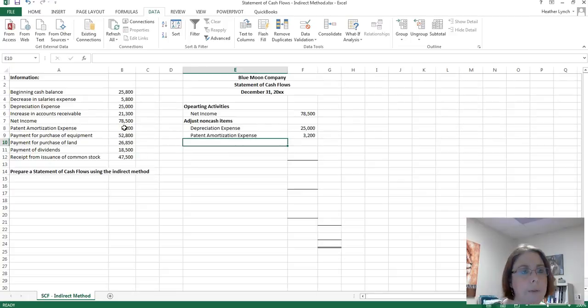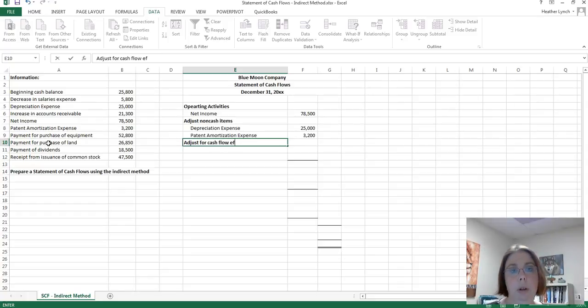I think we've got all of our non-cash items. Salaries affects cash, accounts receivable affects cash, and all these other things. Everything else on here is related to cash. So now we can adjust for cash flow effects.